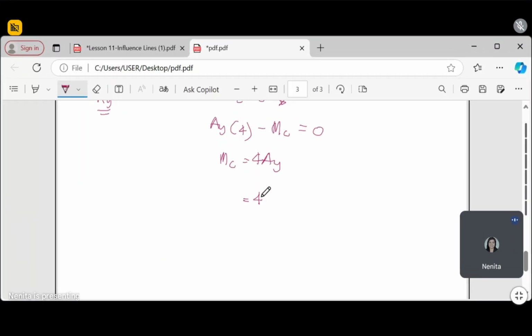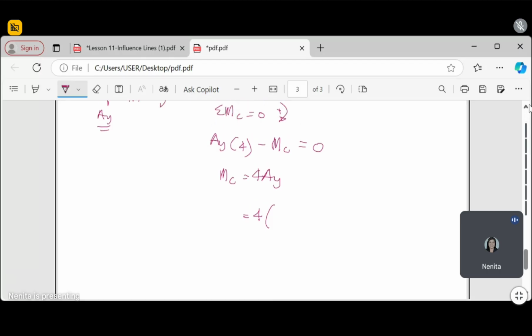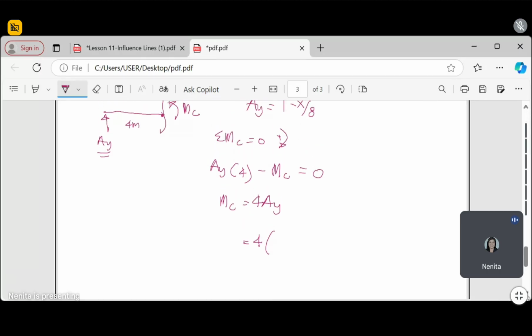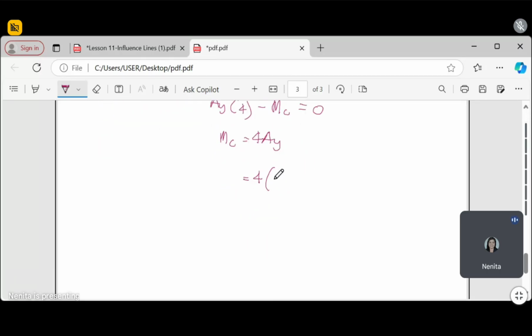So, therefore, this is 4 times our AY, 1 minus x over 8. So we have 4 minus 4x over 8.